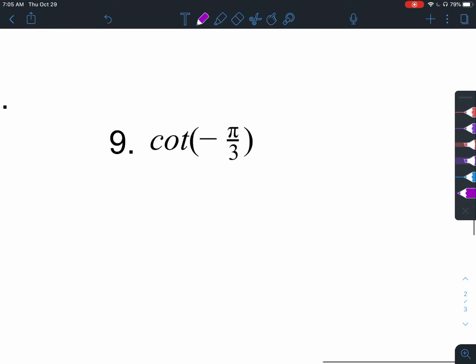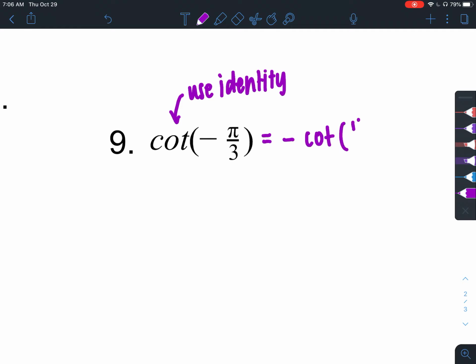All right, now we have cotangent of negative pi over 3. Let's first use our identity. So I know that cotangent of negative pi over 3 is the same thing as negative cotangent of pi over 3, and that cotangent of pi over 3 is easy to find.